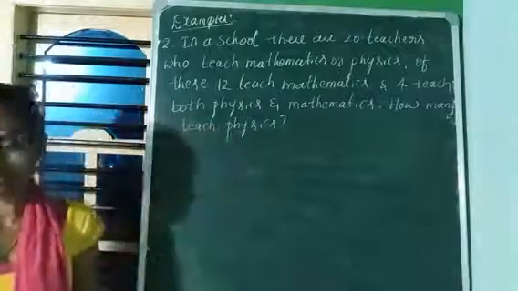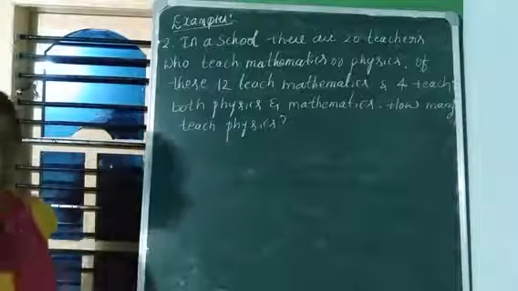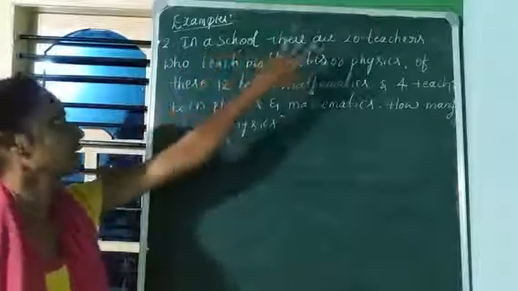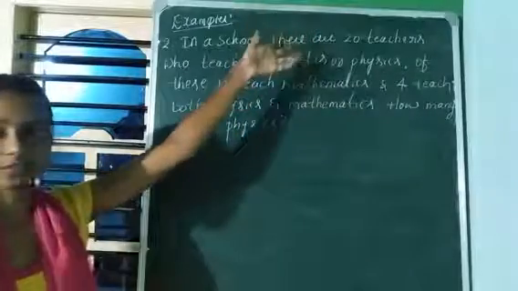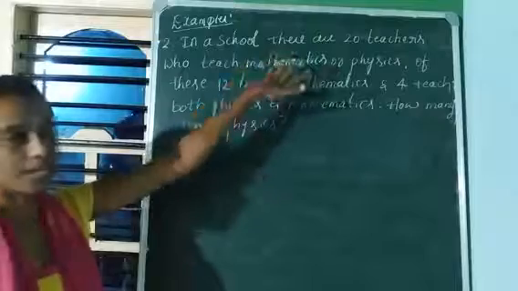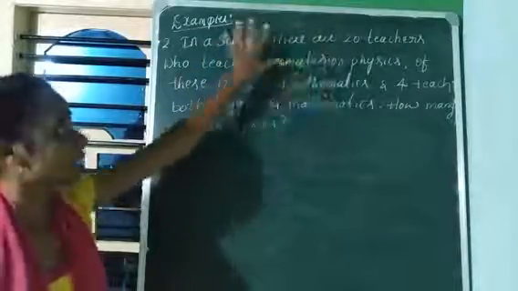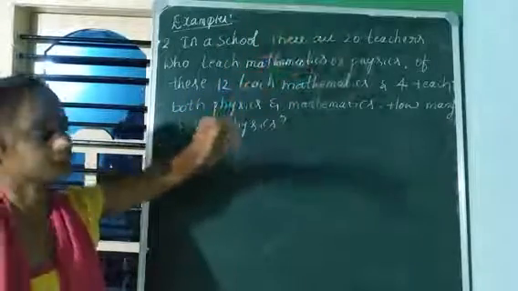So here the question is fully in words. Okay, there are no other symbols. It's nothing but union and intersection. In a school, there are 20 teachers who teach mathematics or physics. Okay, they may teach physics, they may teach maths. So in that case, you need to take that as a union. There are a total of 20 teachers, and a few will teach mathematics, or a few will teach physics.